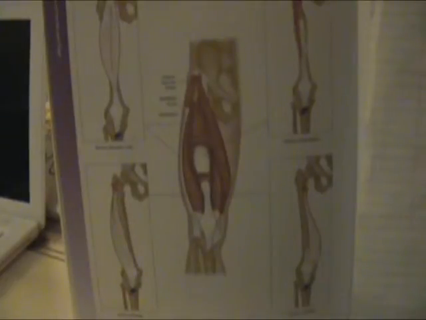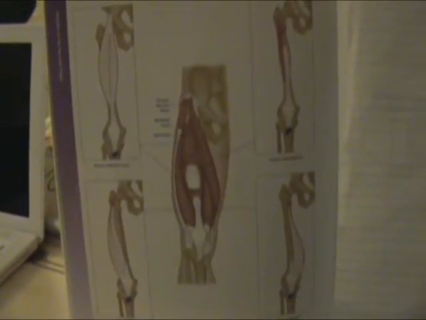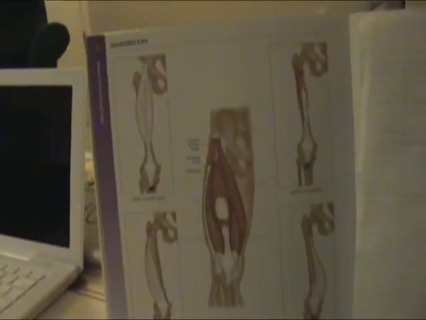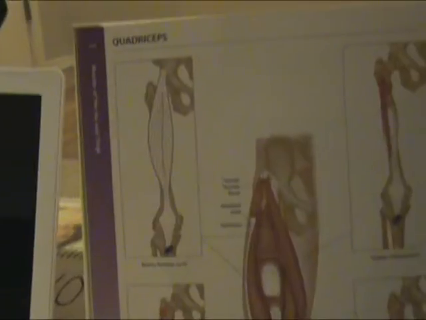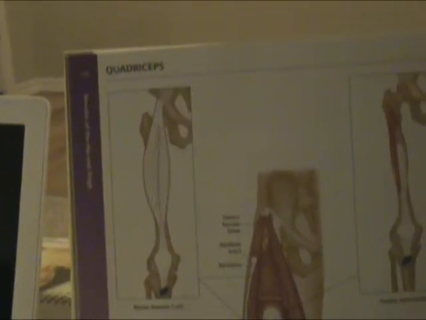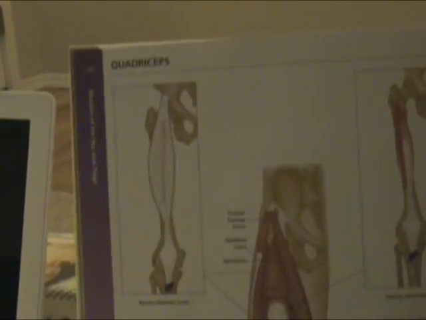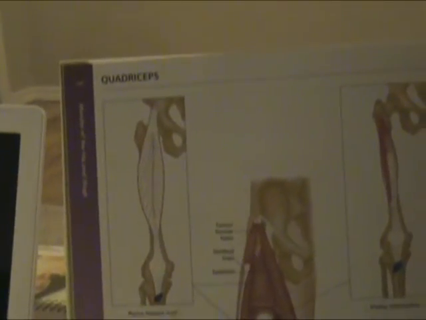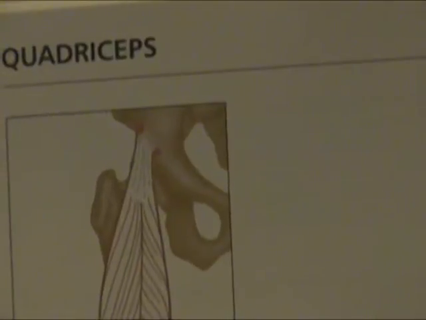We're now going to take a look at the quadriceps. They are all pretty similar. The first one we're going to talk about is the rectus femoris. This is number 57 of the muscle chart, and it is pinned on the cadaver, number 23. The origin of the rectus femoris is the anterior inferior iliac spine.